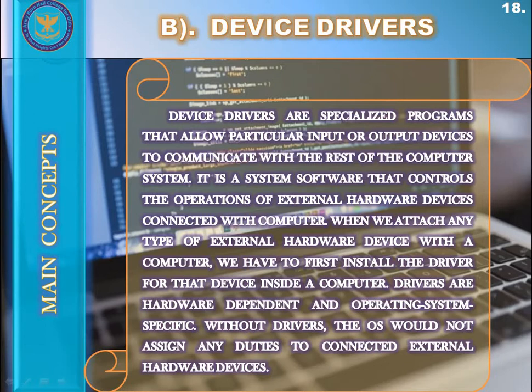In most cases, a device means a hardware component installed on your computer, such as a hard disk, monitor, keyboard, graphics card, sound card, Wi-Fi card or modem card. What does drive mean here? Drive means operate, or make it work.